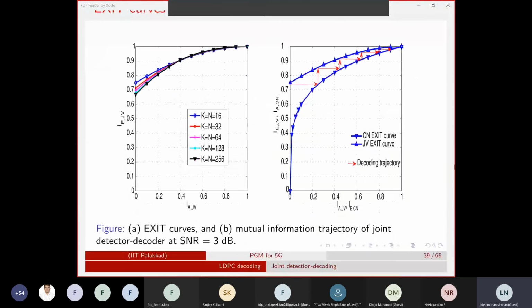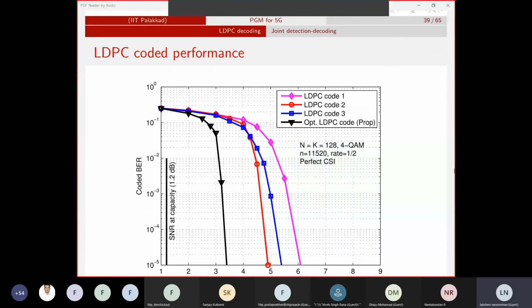So I'm showing the performance here. It happens that we get almost 1 to 2 dB difference in performance when we combine these things together. With traditional LDPC codes, you just demodulate them separately and decode them separately. There is some loss of performance, or at least the convergence rate is very small. Once again, here we have large dimensions: 128 antennas and 11,520 is the code length of the LDPC code, along with the code rate.